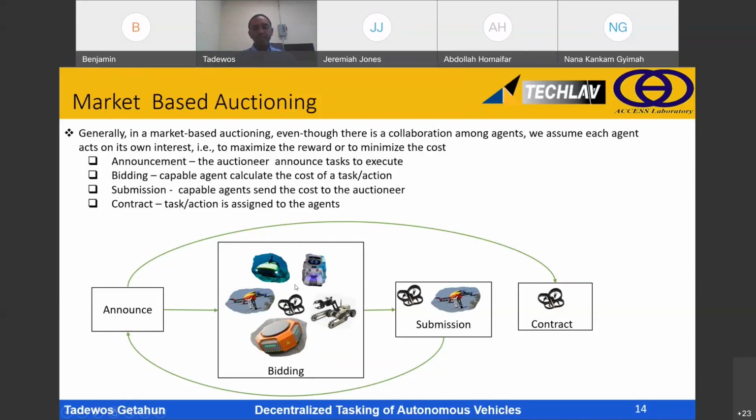Here you have 5 agents, but since the task requires an aerial vehicle, only the drone and the helicopter will bid and submit their cost of the task or the action. Then the announcer will select the agent with the minimum cost and perform a contract. Once the contract is finalized, it means the task or the action is assigned to that agent, and that agent is responsible to accomplish the task, the mission, or the action.